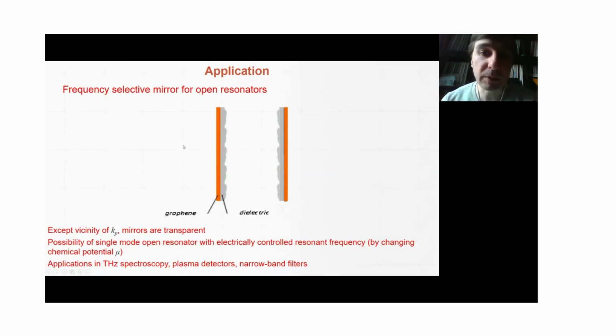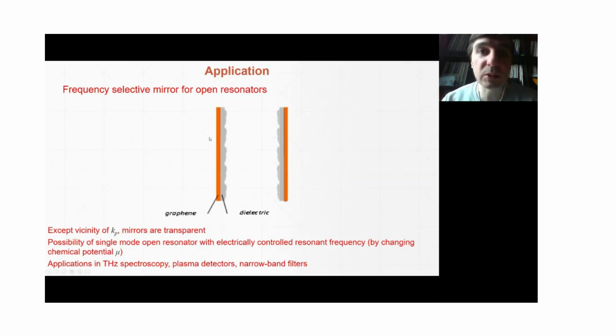They are transparent for all the frequency range except the vicinity of Kp, and thus it's possible to design a single mode quasi-optical resonator, and its resonance frequency will be controlled via a static electric field, which affects the chemical potential of graphene, and thus its Kp.